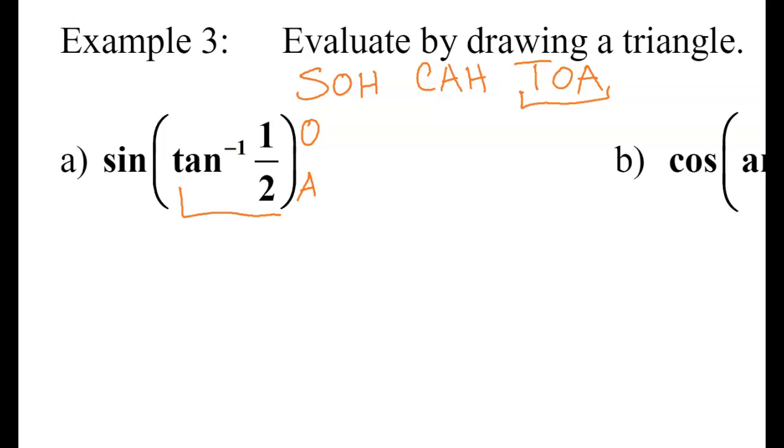So if I'm looking at this innermost parentheses, we always work inner to outer. The O side is my 1, and the A side is my 2. So what you do is you draw a right triangle.